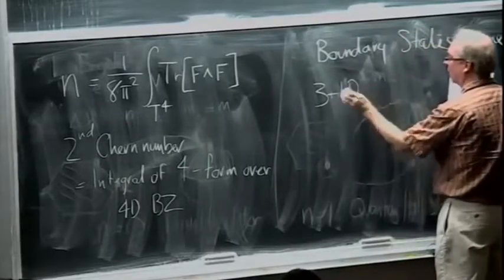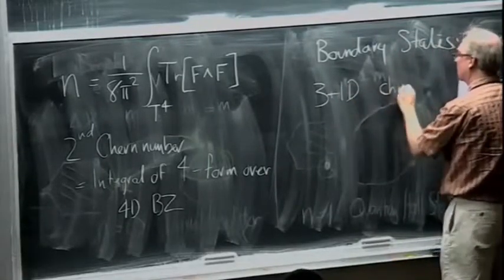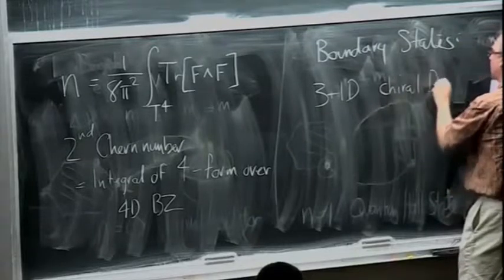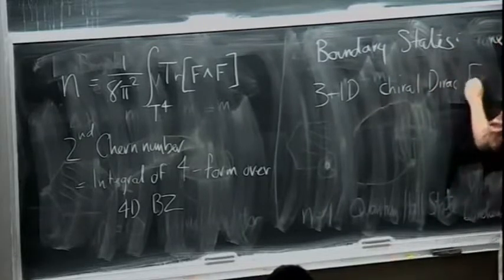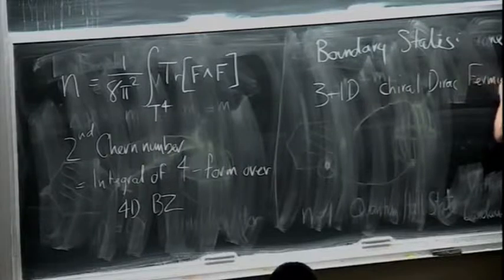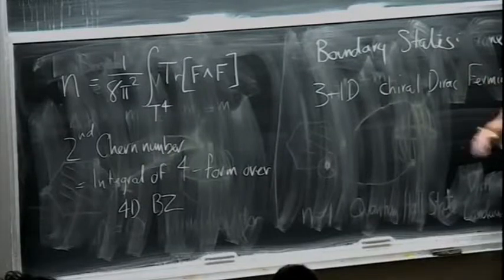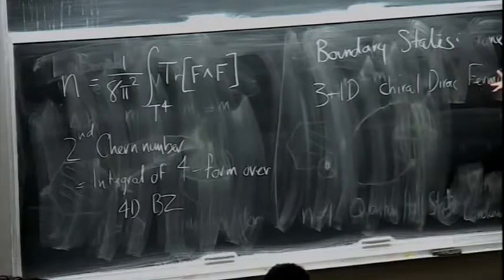So you have a 3 plus 1 dimensional chiral Dirac fermion. And this 3 plus 1 dimensional chiral Dirac fermion is the same thing that people now call Weil points.